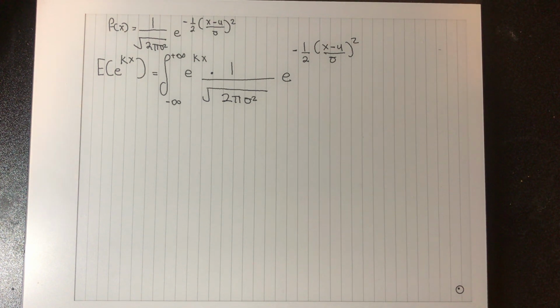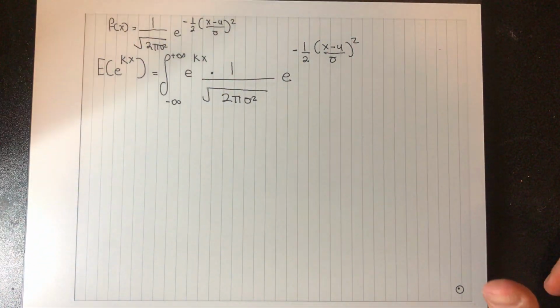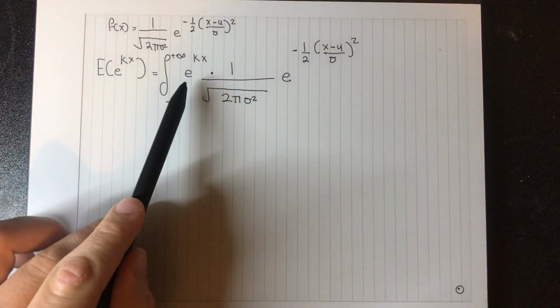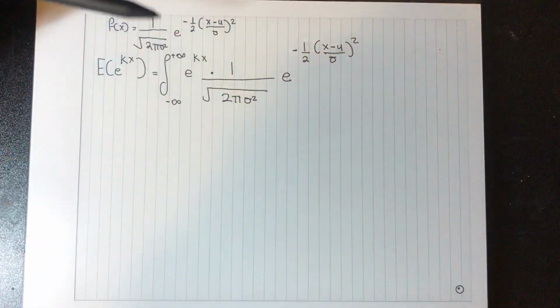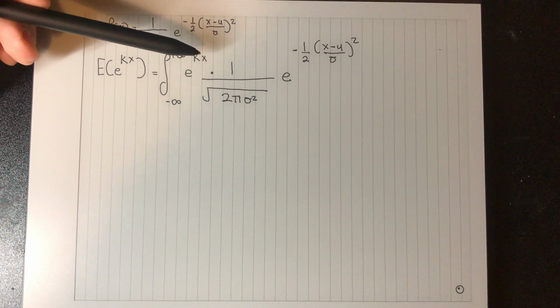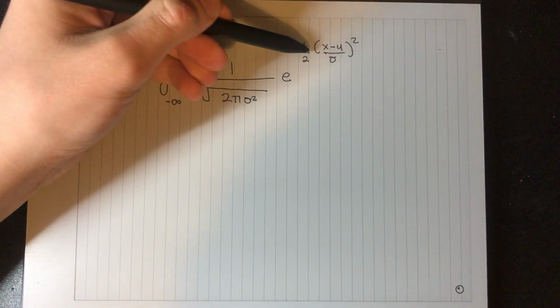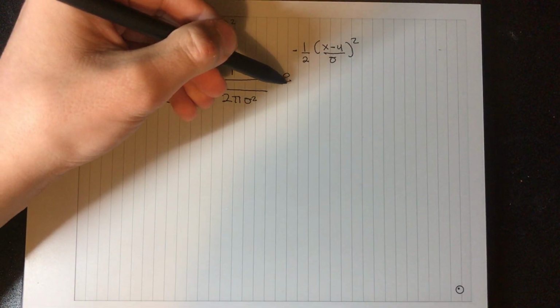Now, what we're going to try to do is combine the e to the power of k multiplied by x with this portion over here.